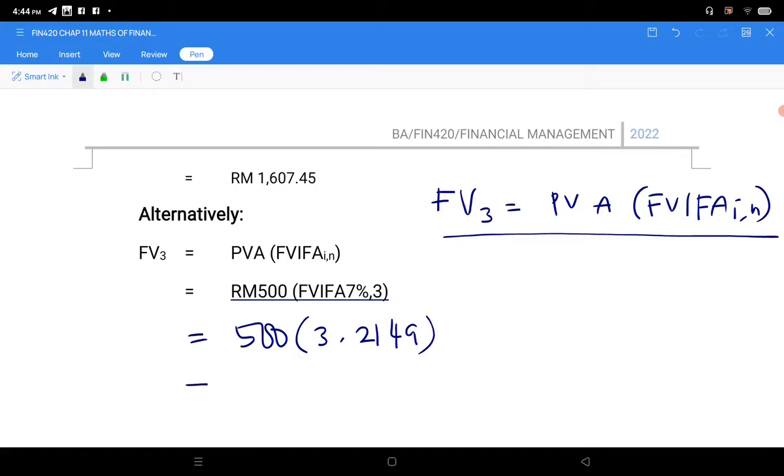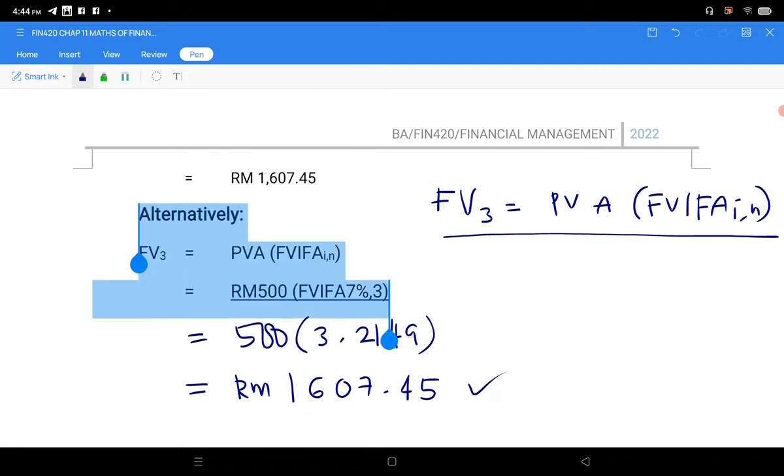Dan jawapan yang awak akan dapat adalah sama. Kalau dia lari pun hanya perpuluhan di belakang tu sikit je. See? 1607.45. So memang saya suggest kita guna kaedah inilah, lebih senang.